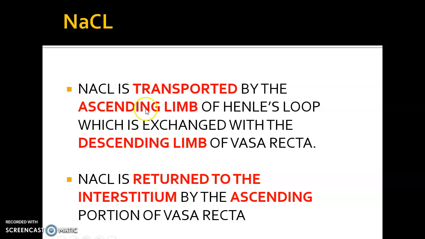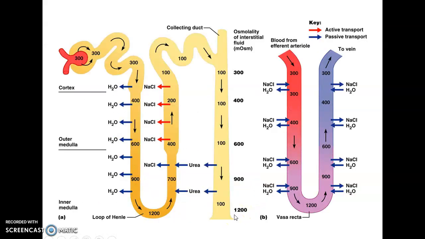Sodium chloride is transported by the ascending limb of Henle's loop, which is exchanged with the descending limb of vasa recta, and finally sodium chloride is returned to the interstitium by the ascending portion of the vasa recta.